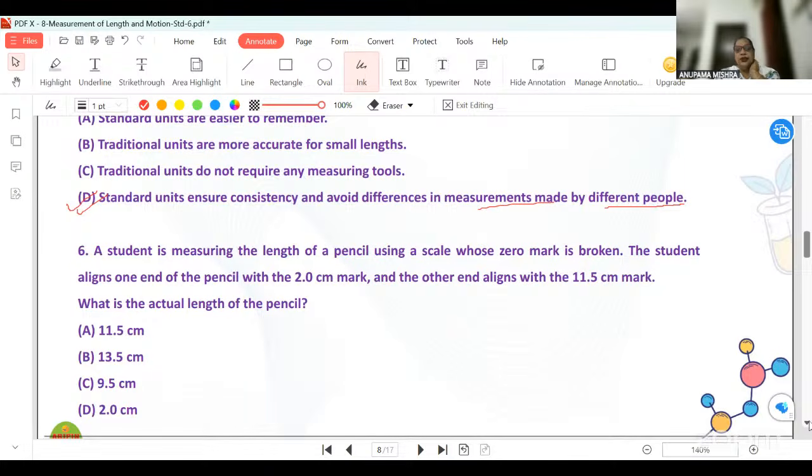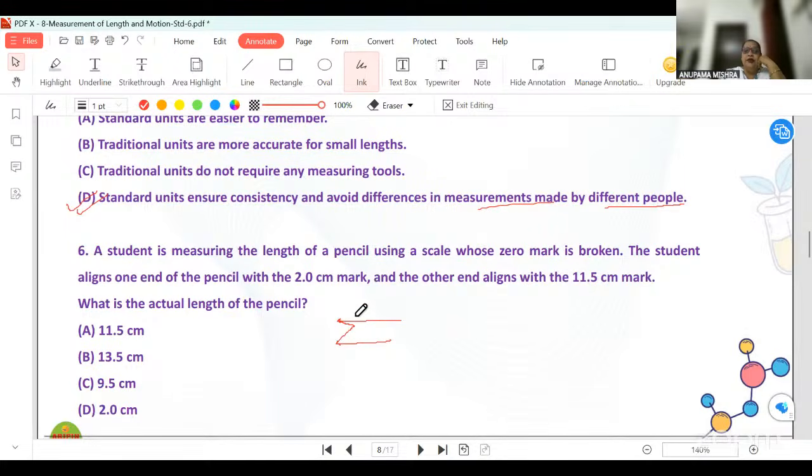What is the actual length of the pencil? Tell me. Now, 2 centimeter. As I told you, the scale is broken, and it has started from the 2.